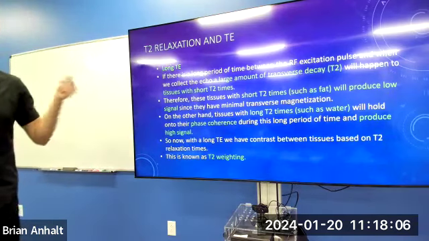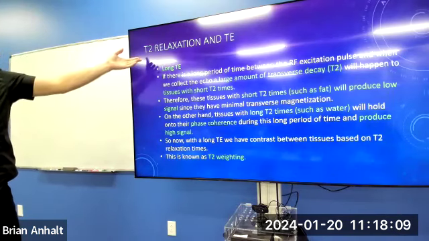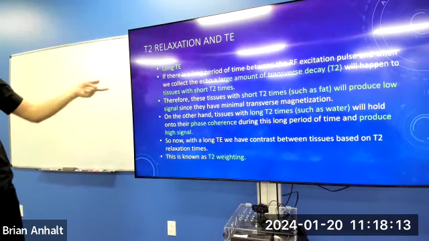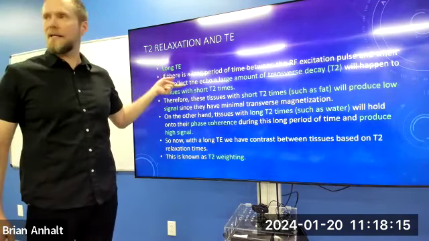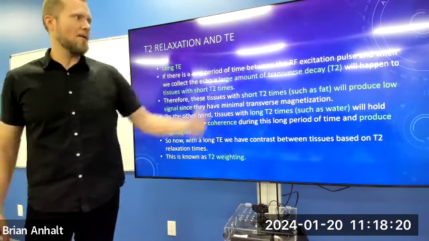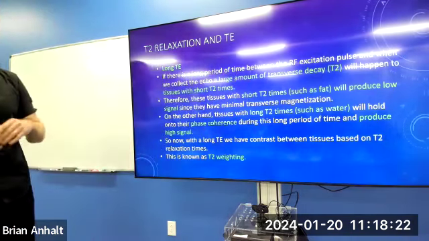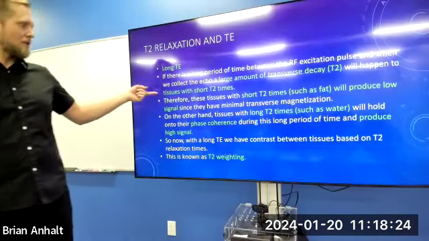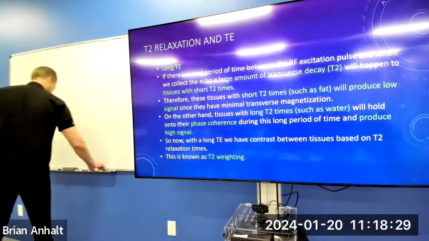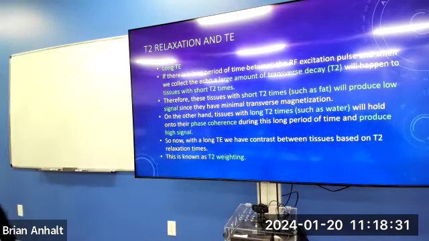So in a spin echo sequence, which is the one we were talking about, with a 180-degree refocusing pulse, if we wait a long period of time between excitation and echo collection, we are going to have a large amount of transverse T2 decay happening with tissues that have short T2 times. Because remember, the longitudinal component is just part of the story, right? We have been ignoring this part of it, the transverse decay, right?